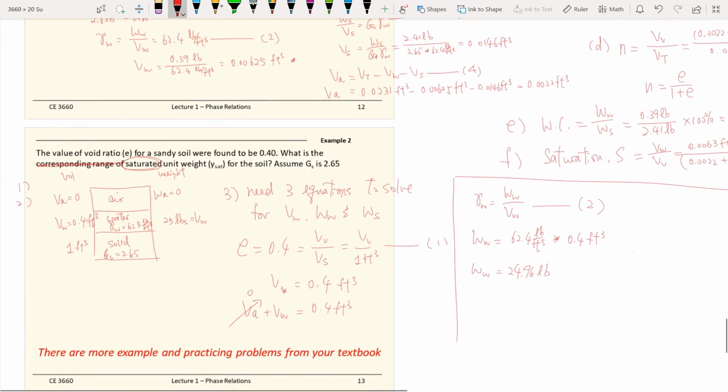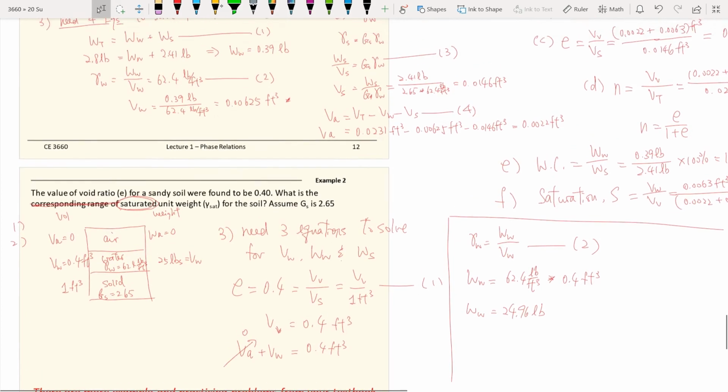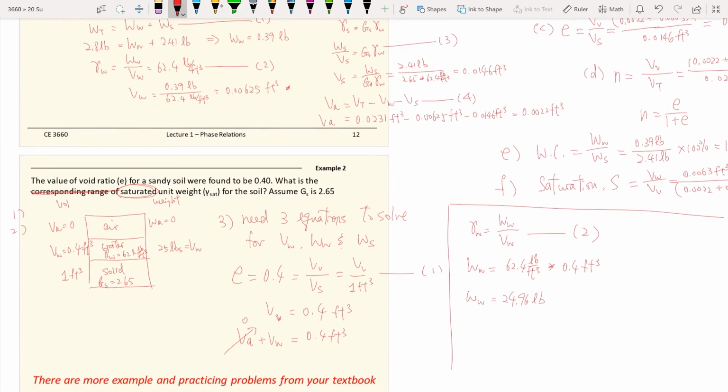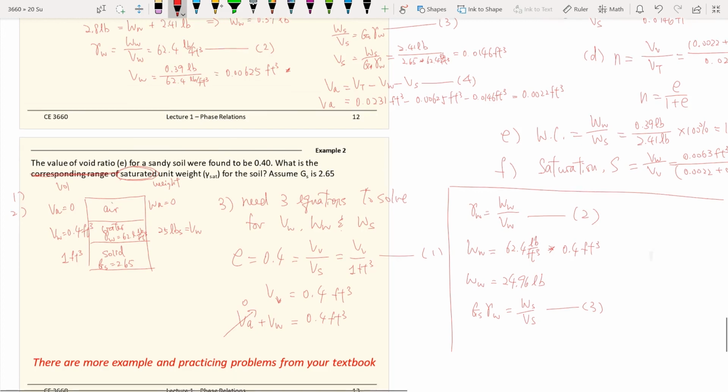And equation 3 will always be obvious, just like the previous questions. Take advantage of G sub S. So G sub S times gamma W will be equal to the weight of the solid divided by the volume of solid. This is equation 3 that we can use, and we are looking for the weight of the solid.